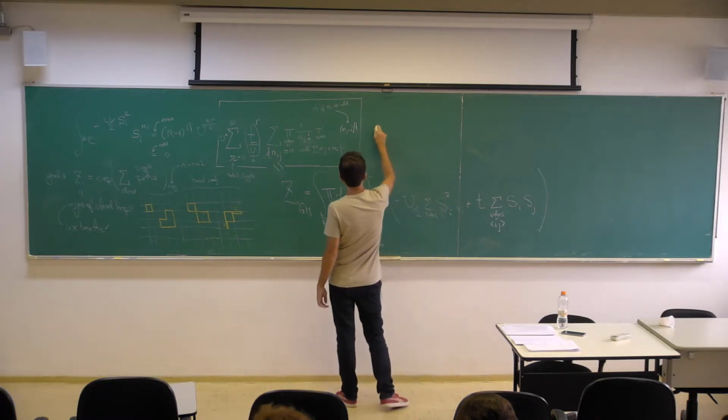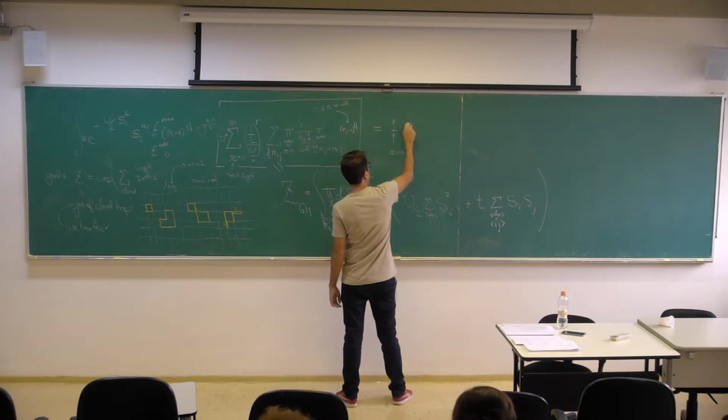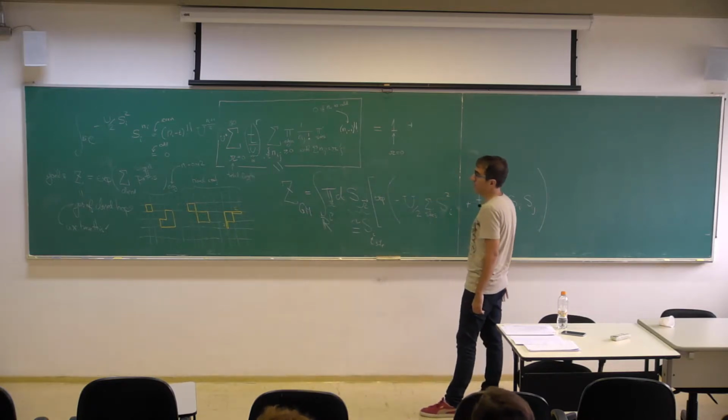Right. So this is equal to 1 for R equal to 0, plus, if R equal to 1, there's no way I can make closed paths.